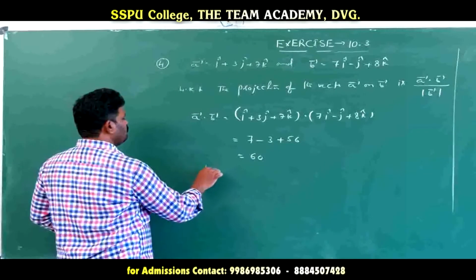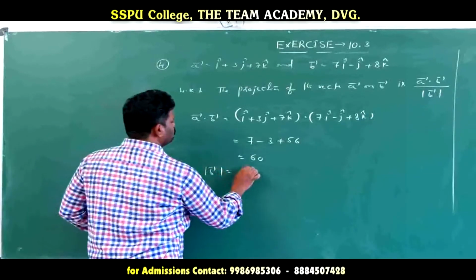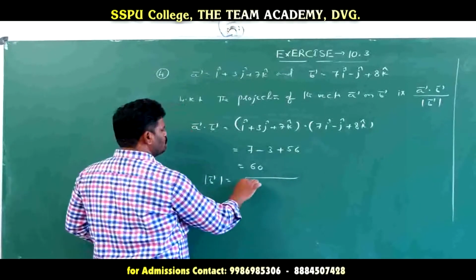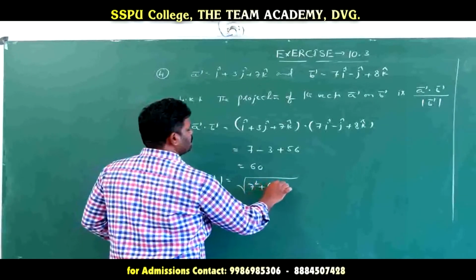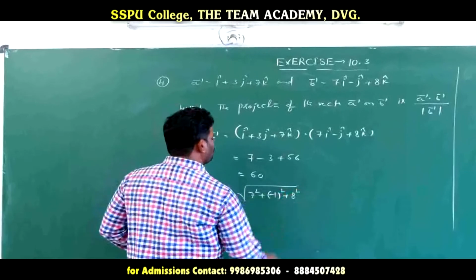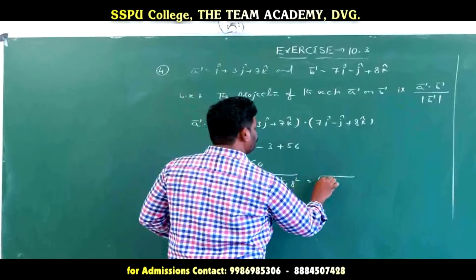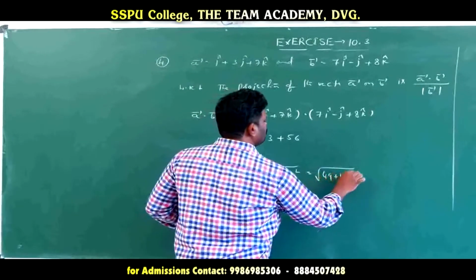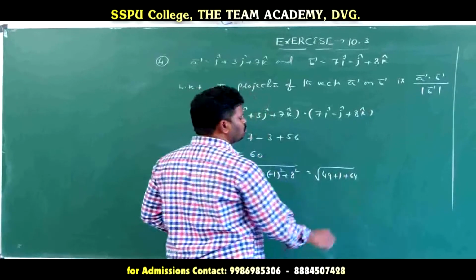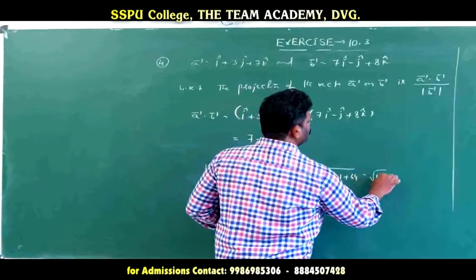Next, the magnitude of b bar is the square root of 7 square plus minus 1 square plus 8 square, which is 49 plus 1 plus 64, that is 114. So the magnitude is root 114.